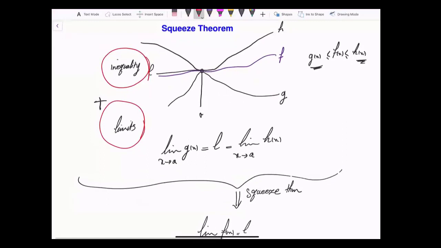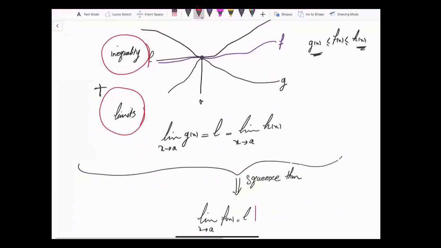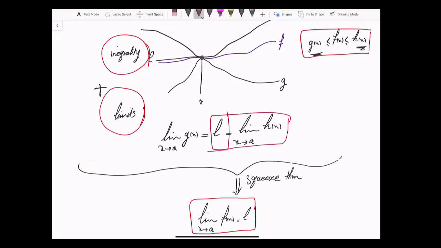Well, you may say that, okay, this is crazy. I am looking for the limit of one function, but you're telling me first give me an inequality and then find two limits. If they are the same, then you can find the limit in between of those two. Why should I do that? Why don't I go straight and find the limit of f of x as x approaches a?